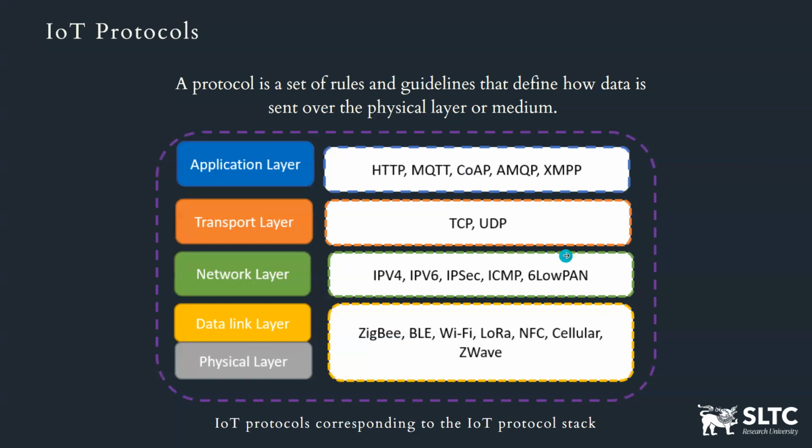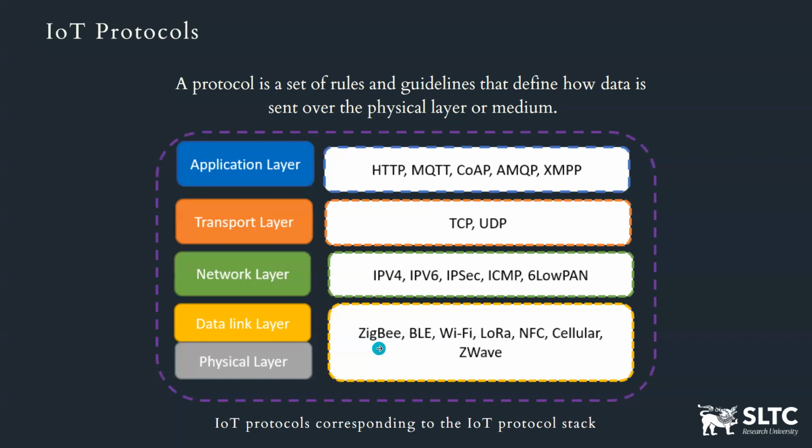The protocols that are popularly used in computer networks are also used in IoT networks. For example, HTTP and the TCP, UDP protocols, IPv4, IPv6 protocols. These are also used in IoT systems.